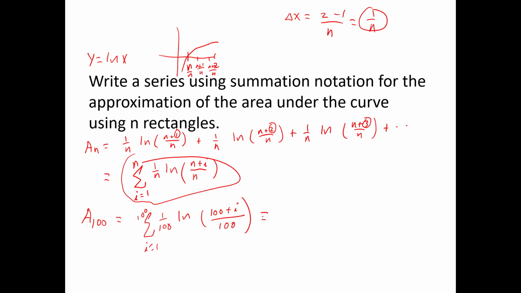Punch that into the calculator, and from the calculator we get 0.3898, rounded to 4 decimal places.